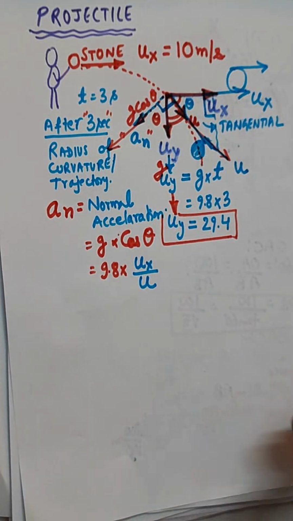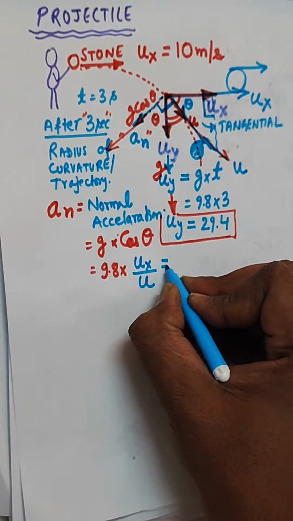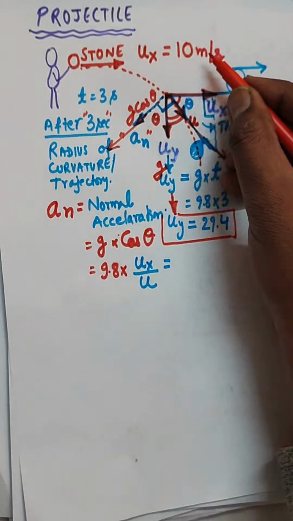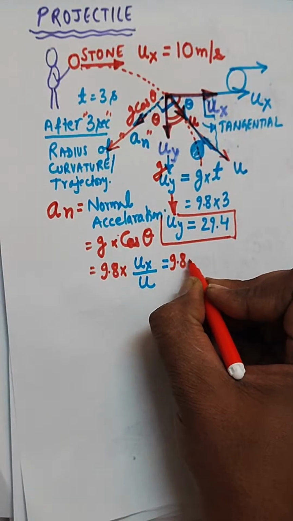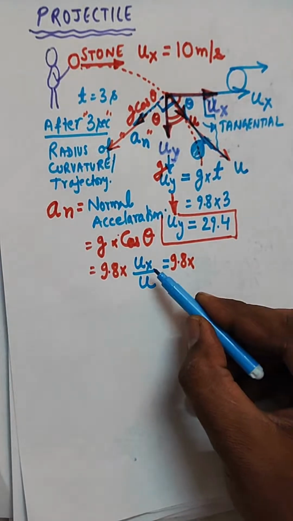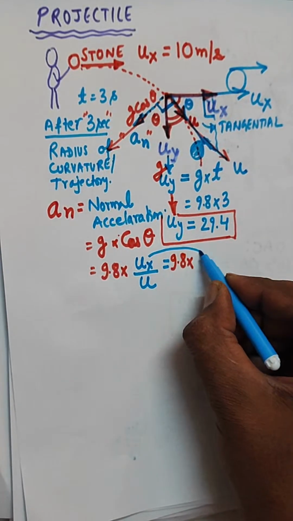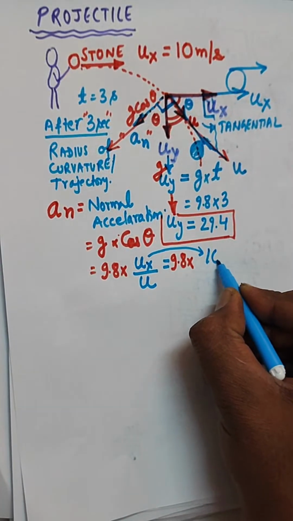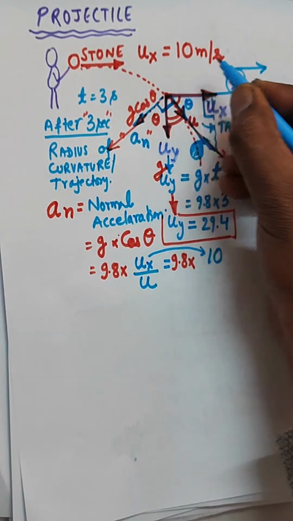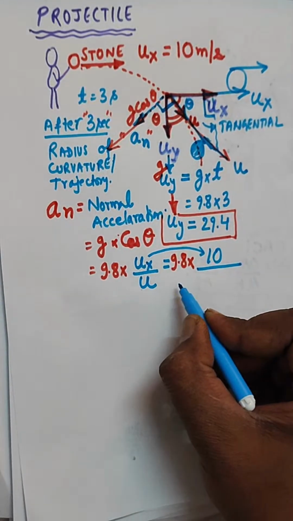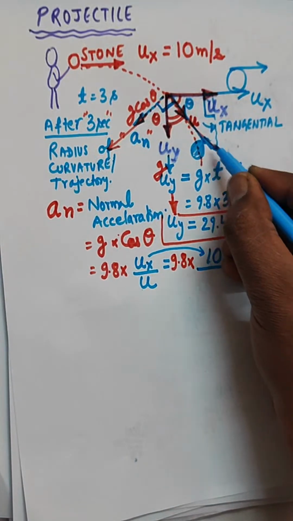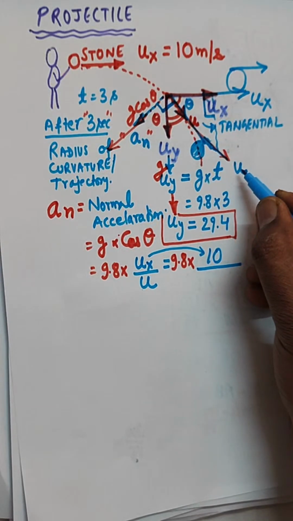And you know the value of ux, put it as 10, so this will become 9.8 multiplied by, instead of ux, just write 10. This is given to you, my dear friend, right? Divided by u. U is basically the resultant vector, you can see.